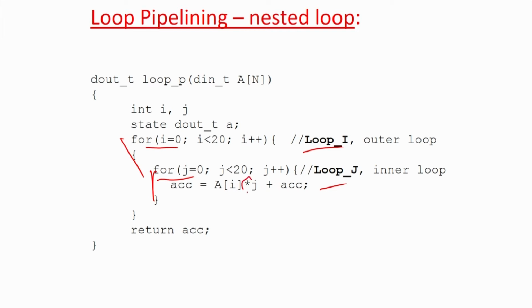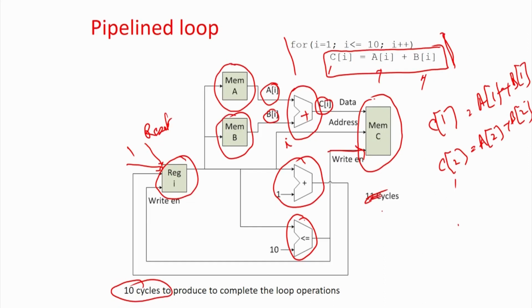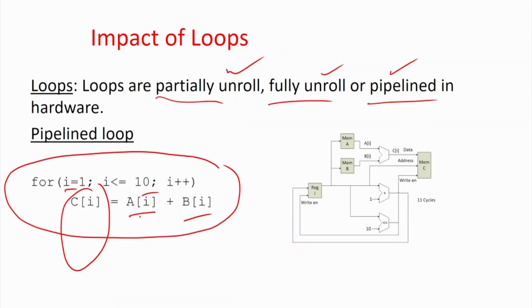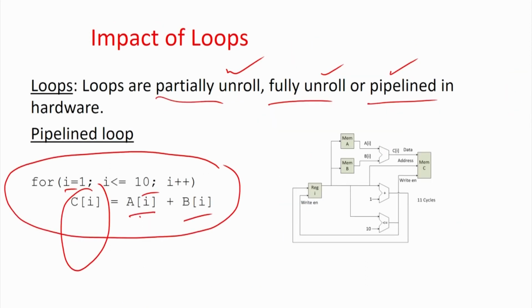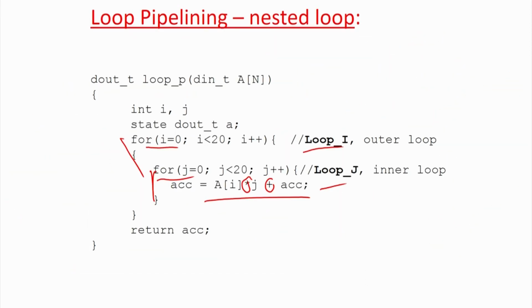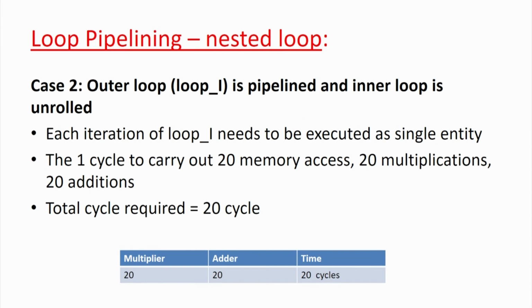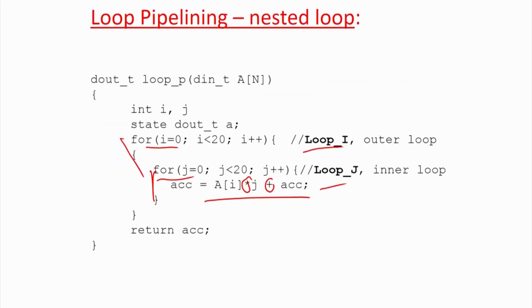So, I need one multiplier and one adder to do this operation. This is the same as the pipeline implementation, where I have only one copy. So, this inside loop is pipelined.